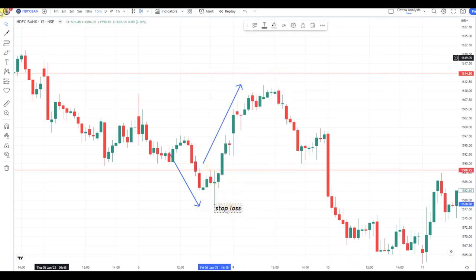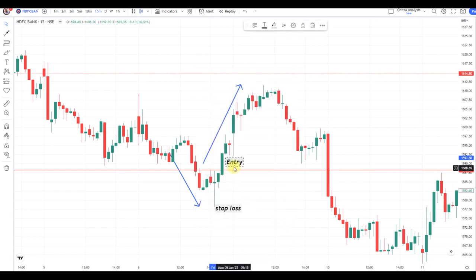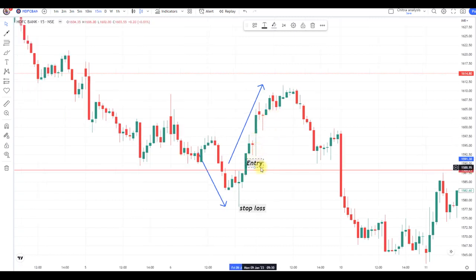This is the stop loss, and entry is above this candle. This is the entry point. So in this green candle, we can enter into the trade. Always try to find these types of doji at the support and resistance level. That will be more powerful.